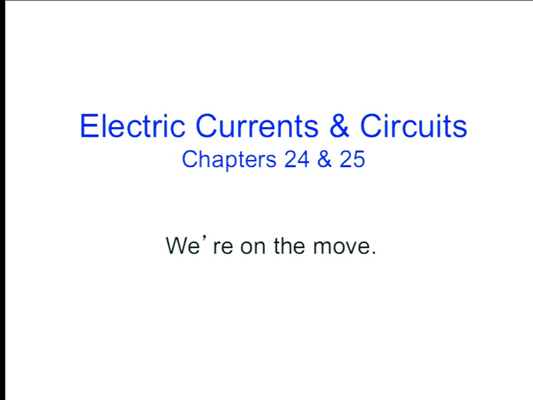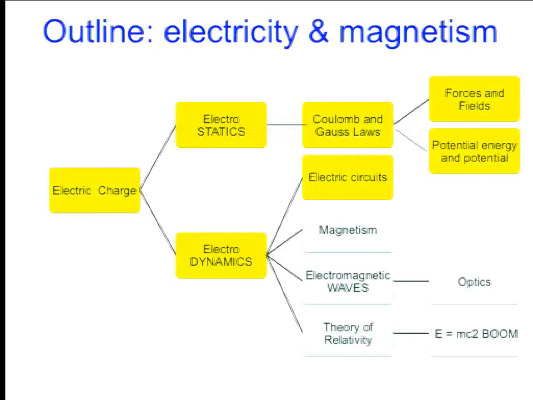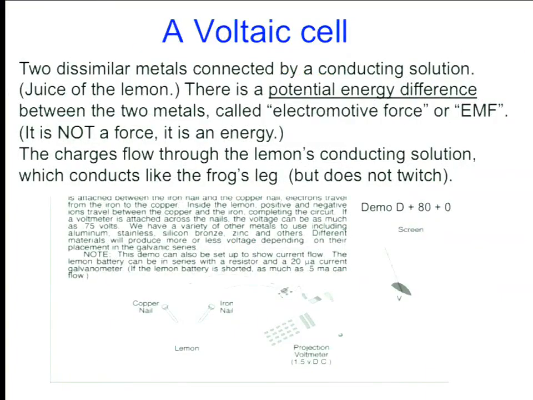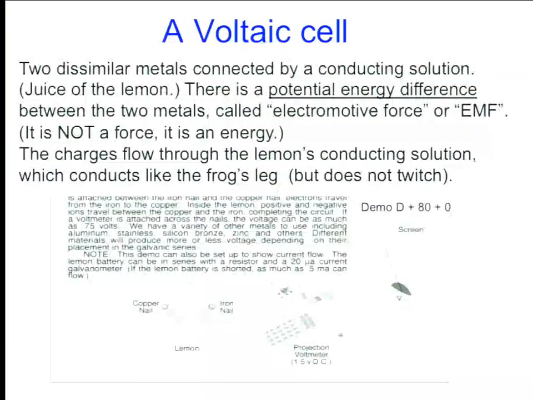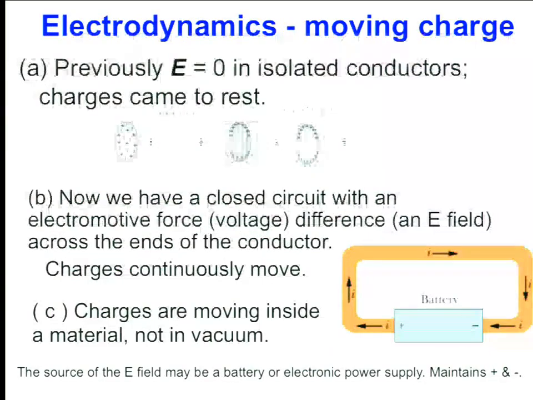For those who haven't seen that demonstration, we did something like this where we had dissimilar metals, and we found that there was a voltage difference across them, a potential difference, and showed that. Okay, now here's the point that we have.